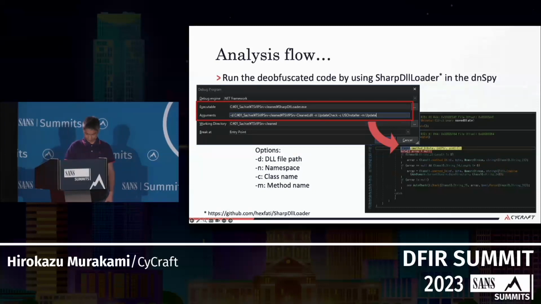However, the deobfuscated code didn't contain the code that runs natively. So I used the Sharp DLL loader for calling .NET functions. It can be executed simply by specifying the DLL file path, namespace, class name, and method name.